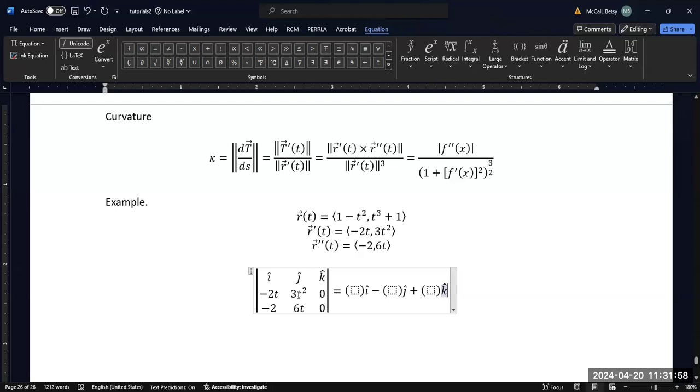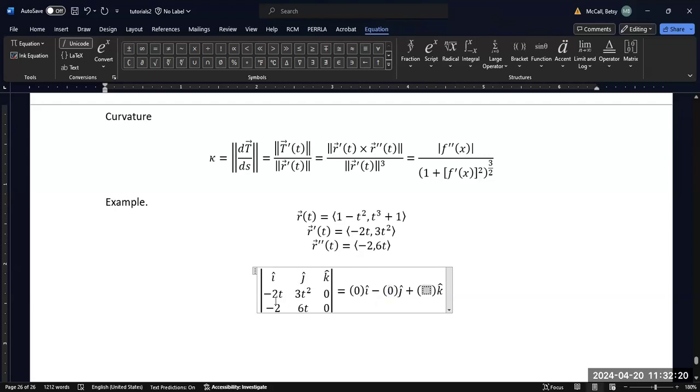And we can verify that the i component would be 3t squared times 0 minus 6t times 0. And the j component would be negative 2t times 0 minus negative 2 times 0. That's just what happens when you have two-dimensional vectors.